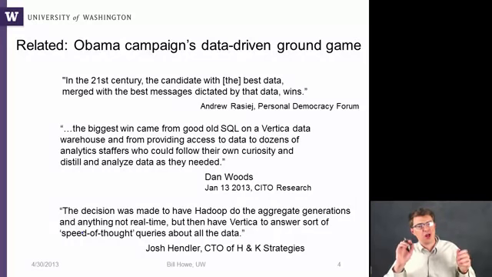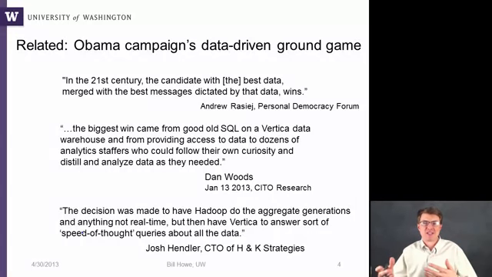So, the mother of two in a small town in Ohio who tweeted about the environment and mentioned organic vegetables on her Facebook page, who had voted in 2008 and had registered on Obama's website but had never donated. Okay, she would get a message from Michelle Obama that highlighted Barack Obama's environmental policies.